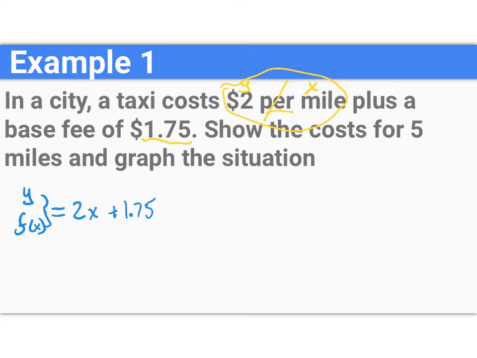So now, when they say show the cost for 5 miles, they want to include all terms. So what we need is a table of values. We need our x, and 2x plus 1.75, when x is 0, 1, 2, 3, 4, and 5.